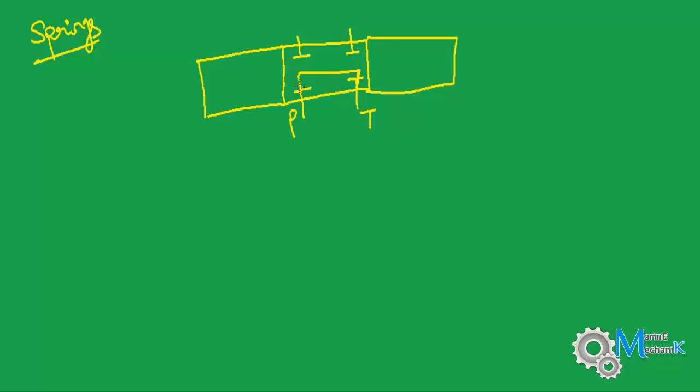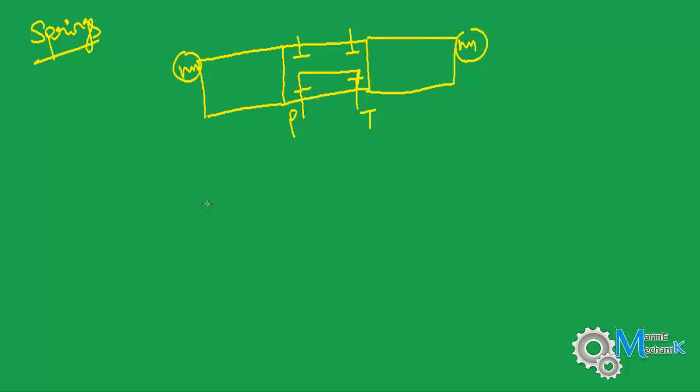Now, how does the valve close or get centered? I'm going to put springs here, which means if the valve is going to move either way, the springs are going to bring it back to the center. That's why I have indicated springs at both ends.